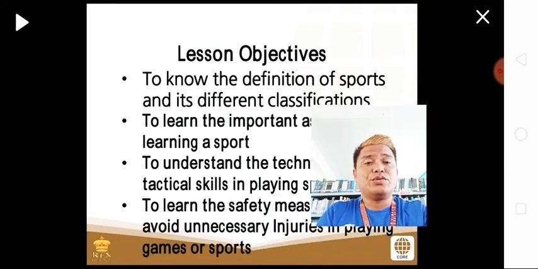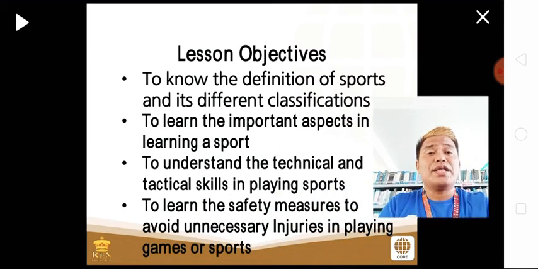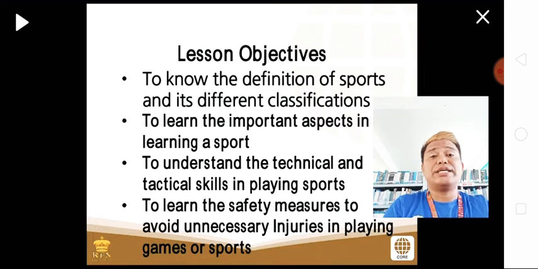Before going to do that, let me introduce some lesson objectives of this topic. Number 1, to know the definition of sports and its different classifications. Number 2, to learn the important aspects in learning a sport.